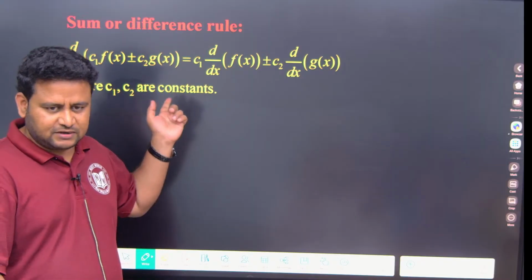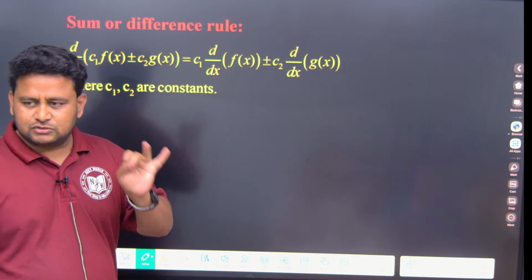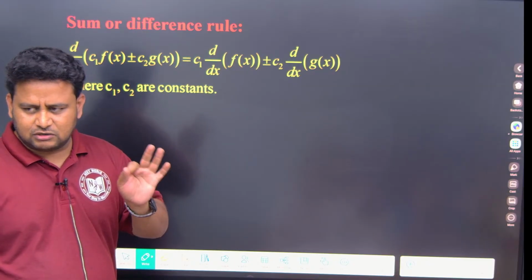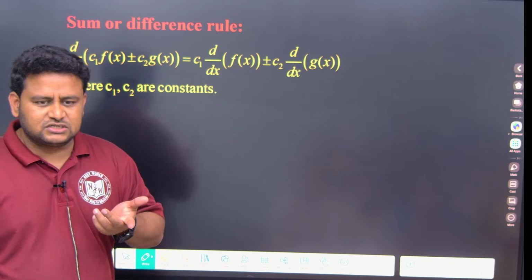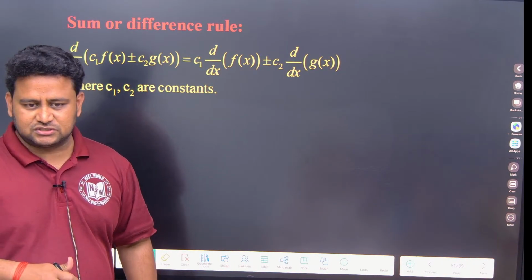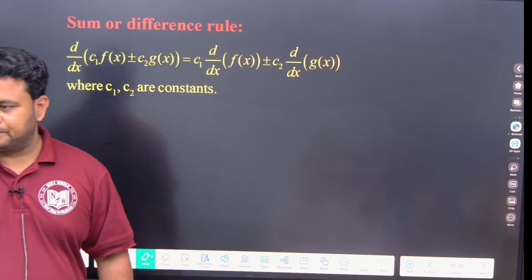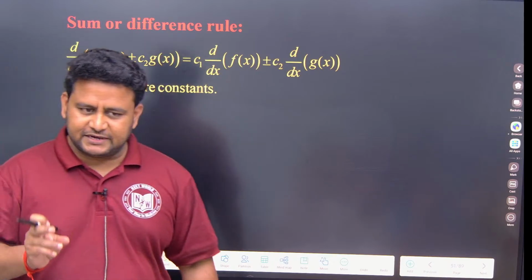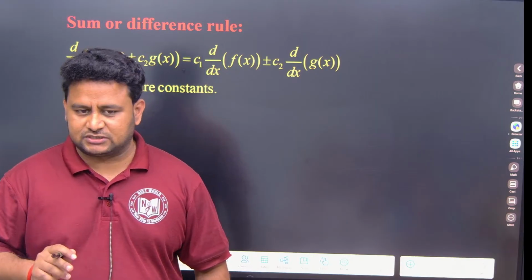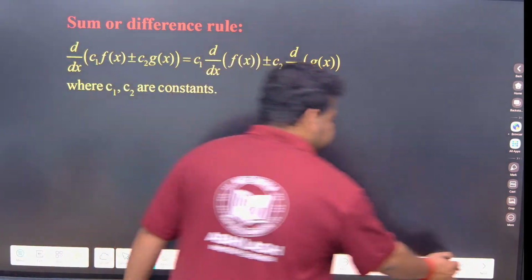First is this one, apart from this the UV rule, then the quotient rule, then dy by dx, d square y by dx square, all these things. Then also the function in the form of f of x to the power of g of x, how to do such questions. And also parametric form. If they give dy by dx, you will be able to solve. If they give d square y by dx square, there you will make mistakes. So, we will see this.